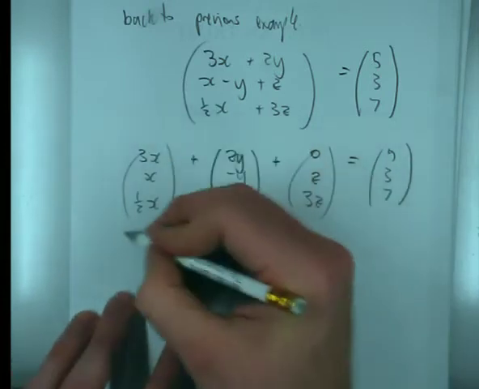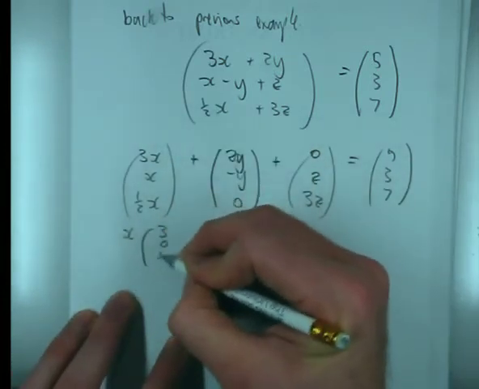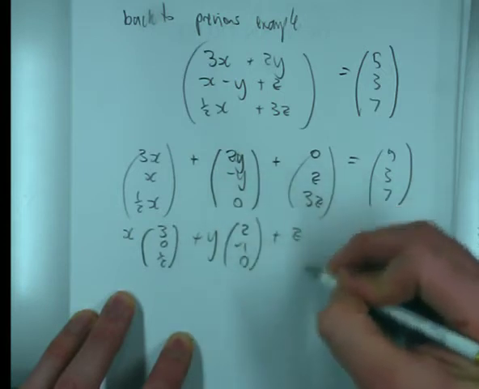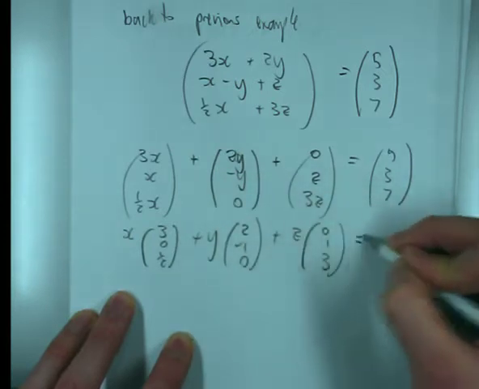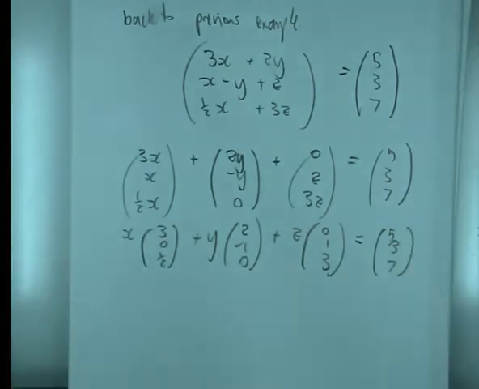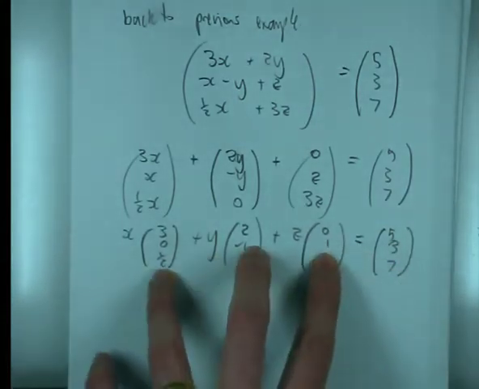And then I can bring the x out, bring the y out, and bring the z out. And now it's a span question. It's a question of, is this in the span of those three vectors?